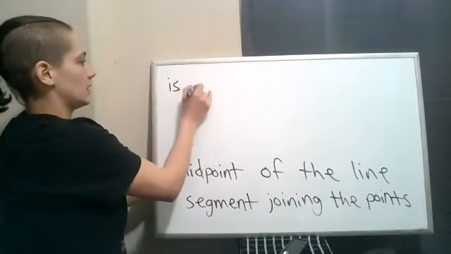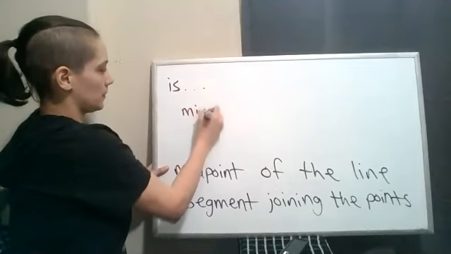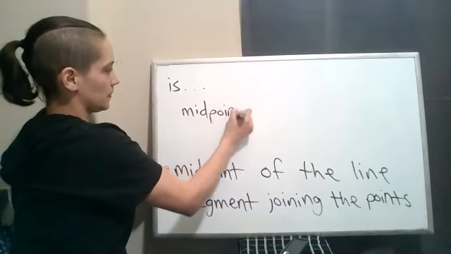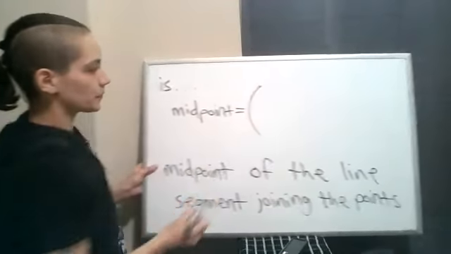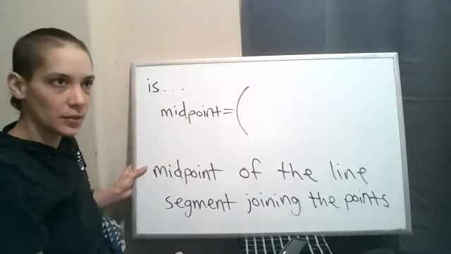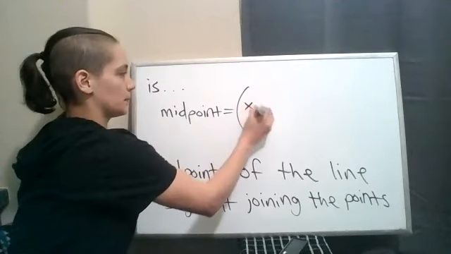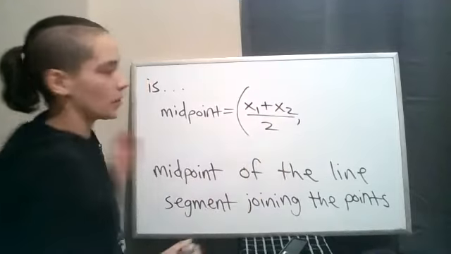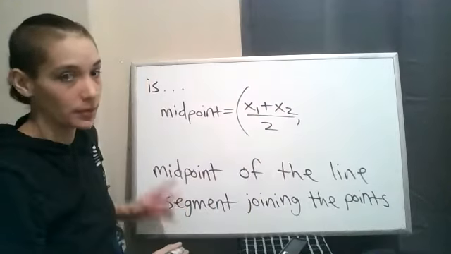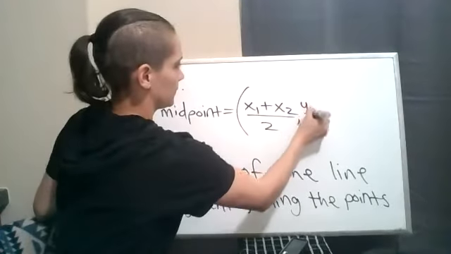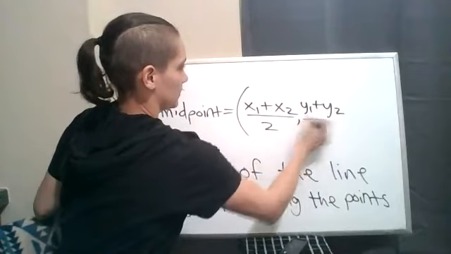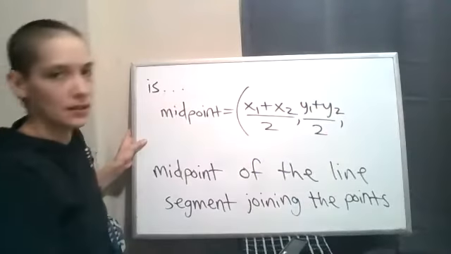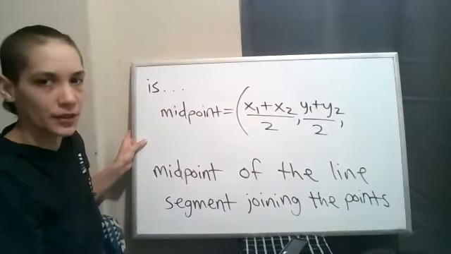It is x1 plus x2 over 2, y1 plus y2 divided by 2, z1 plus z2 over 2.